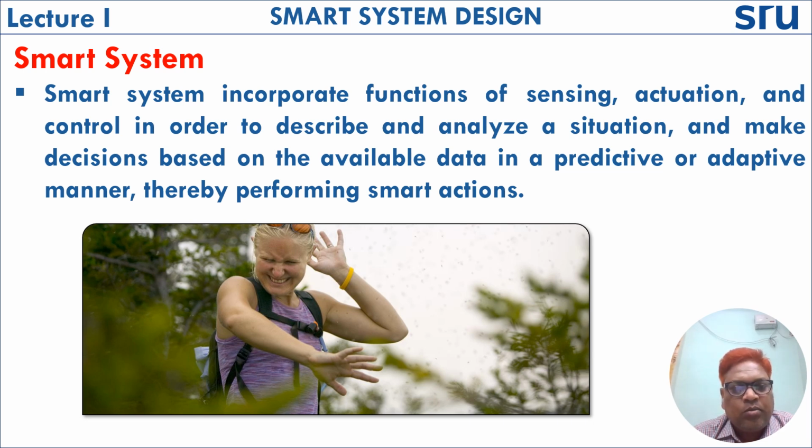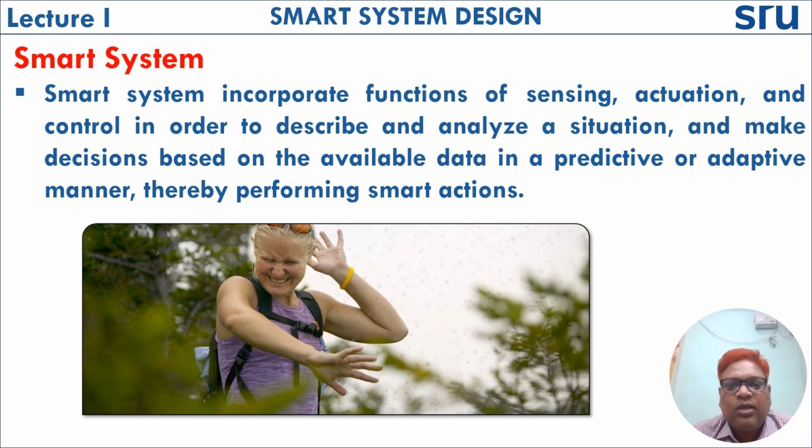Majorly it uses the sensors for capturing data from the environment, and in our body we have 5 sensors: eyes, nose, tongue, ears, and skin. With the help of these 5 sensors, you may acquire information from the environment based on the situation.